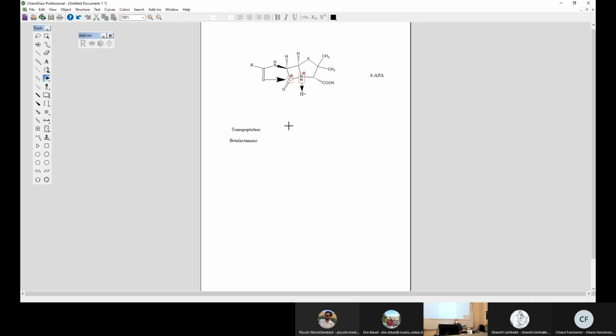What kind of modification do we have to perform on the molecule, on benzylpenicillin, for example, which was the first one? So we can put an aromatic ring in this position.